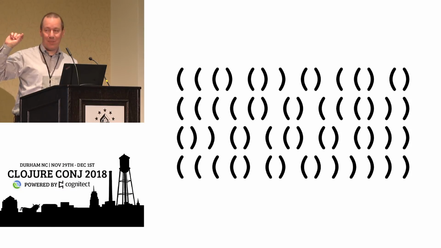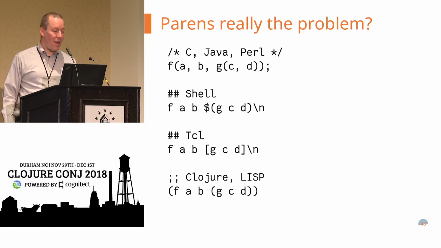But parentheses aside, are parentheses really the problem? If you look at programming styles that folks have seen, this is C-type languages, shell script, Tcl, and Lisp-type languages. There's about the same number of delimiters in each of these cases.